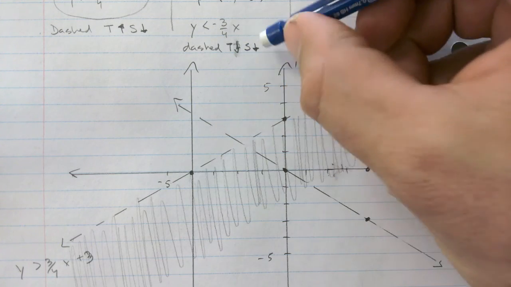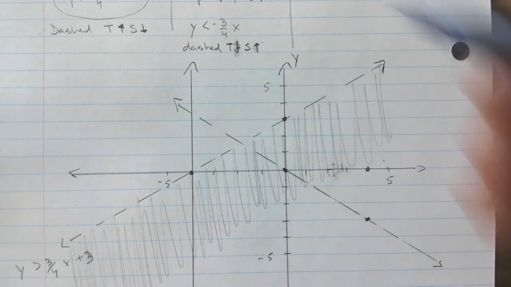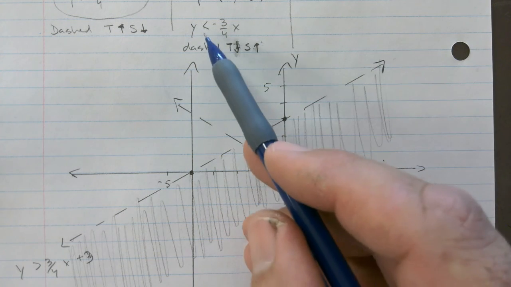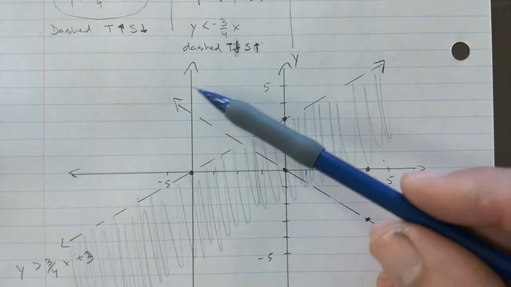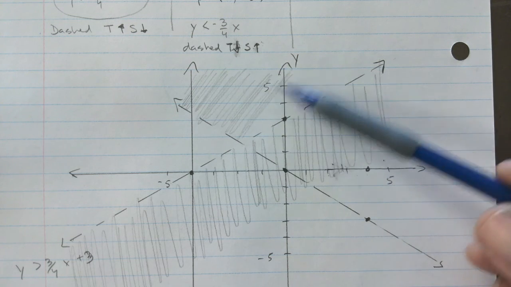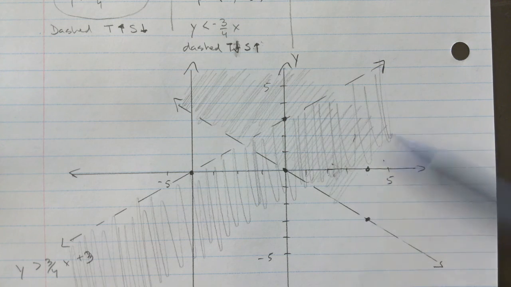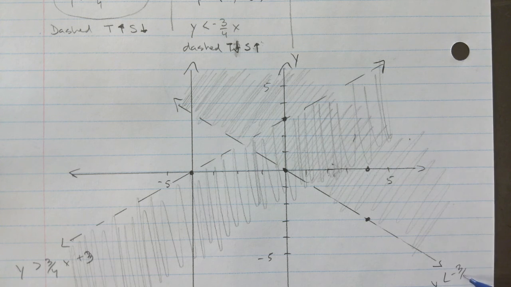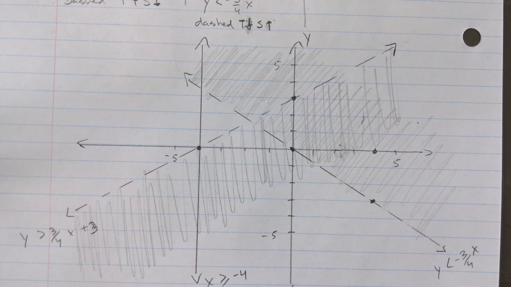Sorry, guys. Almost shaded it wrong. Almost. So I double checked. I went y is less than, true is below, shade above. Oh boy. That would have been a fun one, right? To erase. Not. Okay. And the last one, true to the right, so shade left. Okay, we got that one.